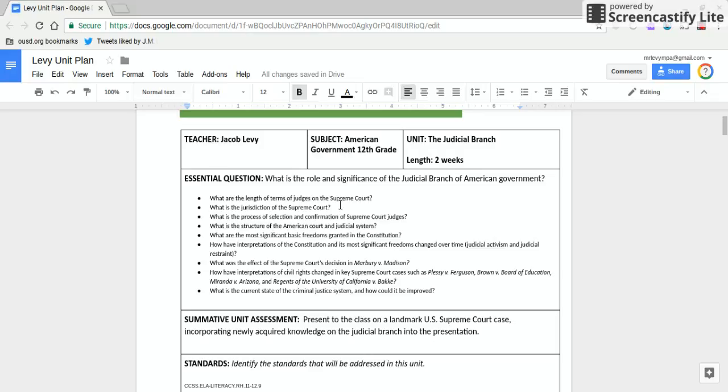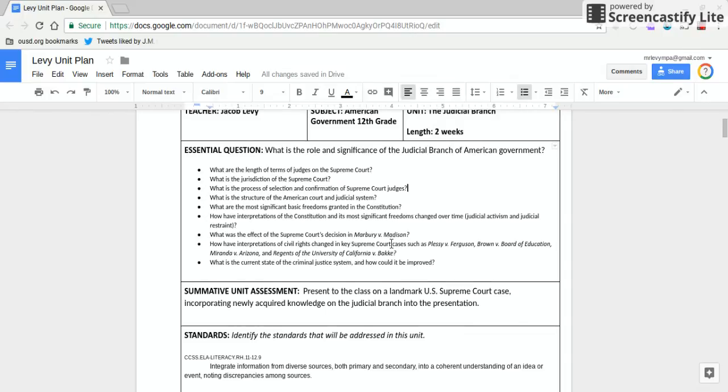The first is a basic breakdown of the American court and legal system. That is where the unit begins, and that is where the most direct instruction in the unit is centered. Then we have the part that I find the most interesting, which is constitutional rights and specific Supreme Court cases. This is where student creativity will really get to shine, and this is where the summative unit assessment is based.